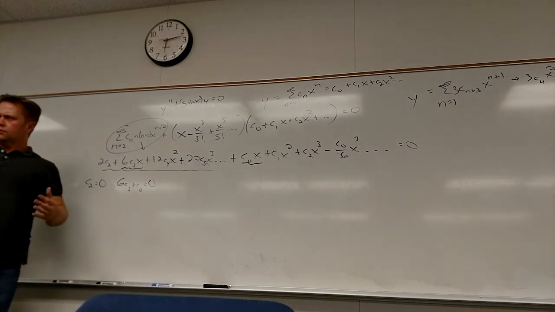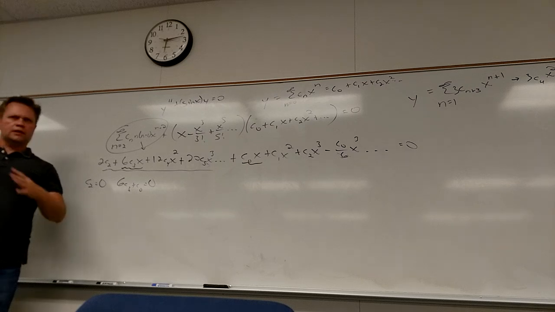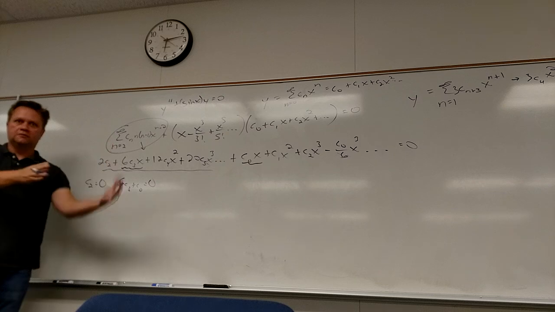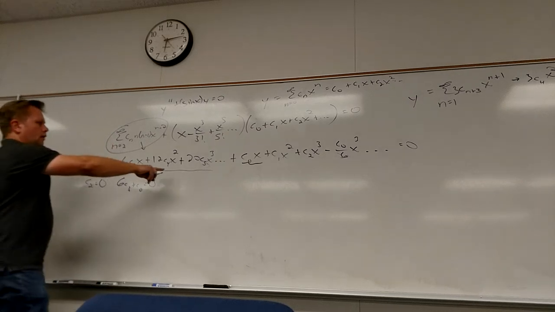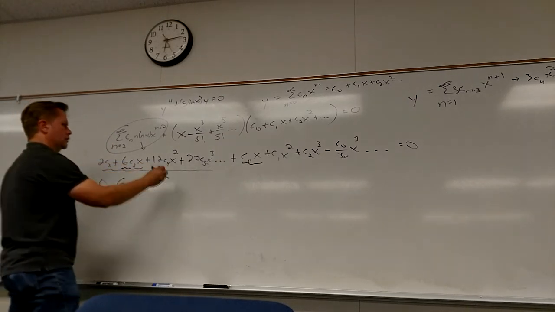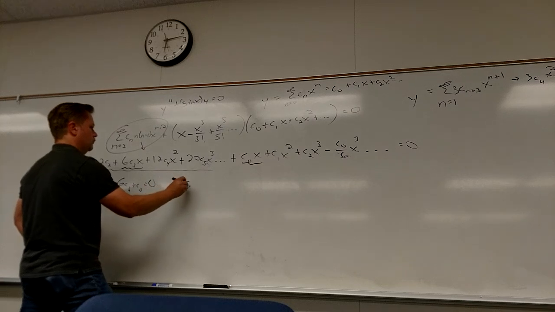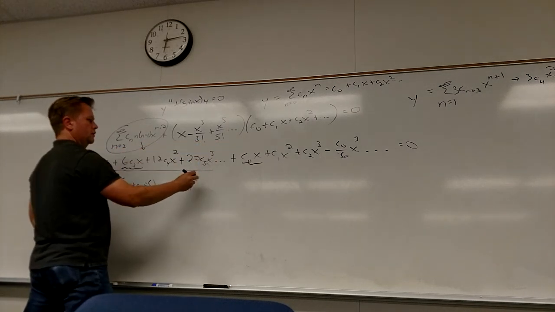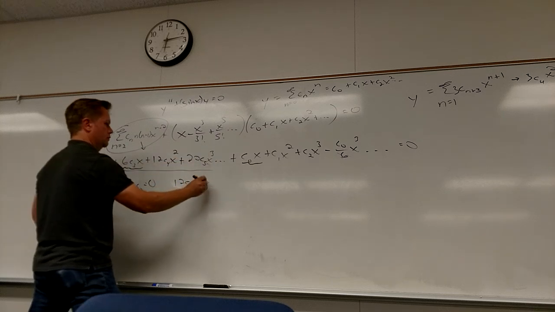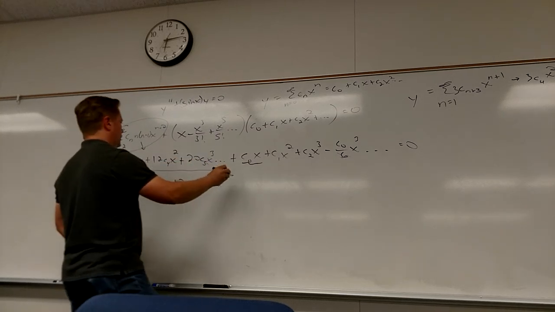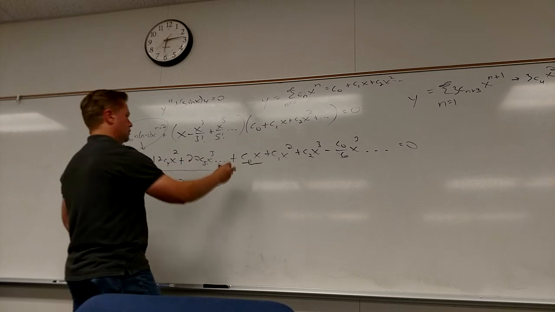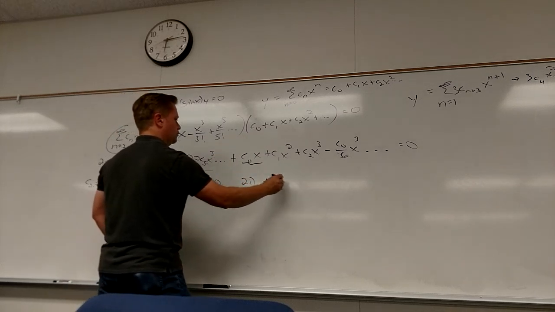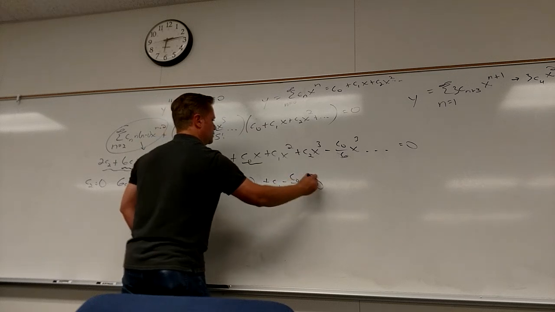You guys with me? This is actually that recursion step done one by one. 12c4 plus c1 equals 0 for my x squared terms. And then for x cubed, 20c5 plus c2 minus c0 over 6 has to be 0.